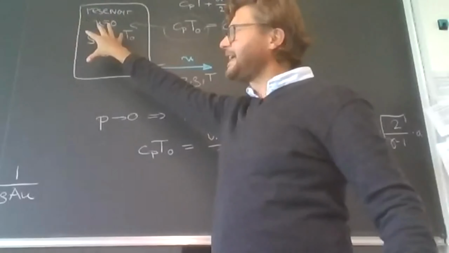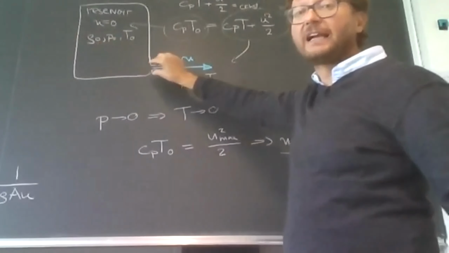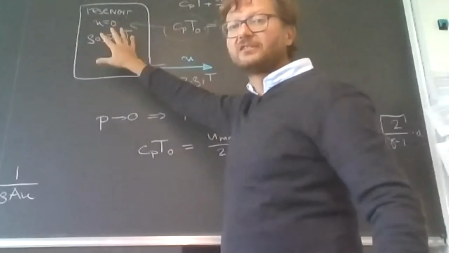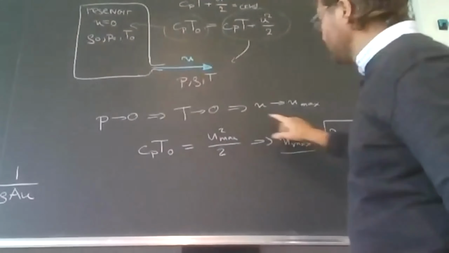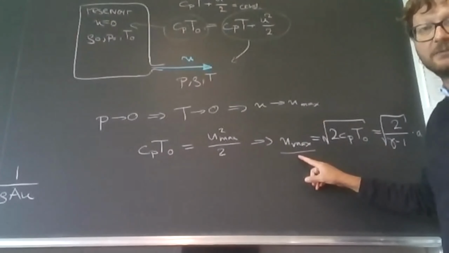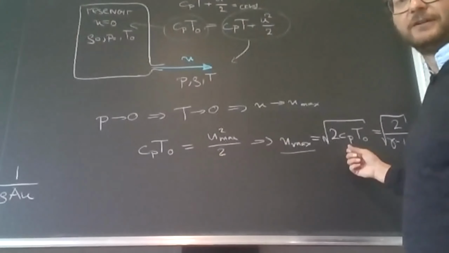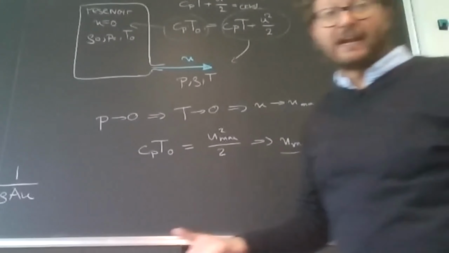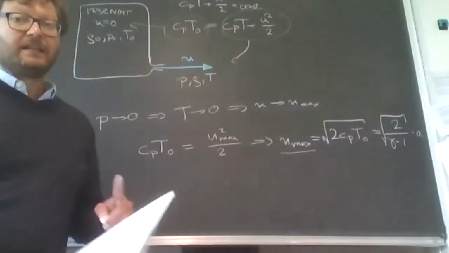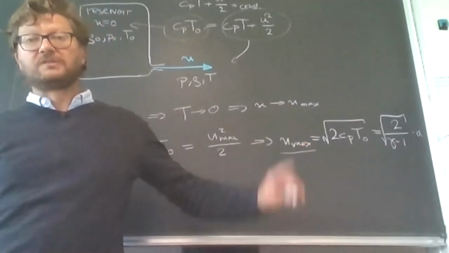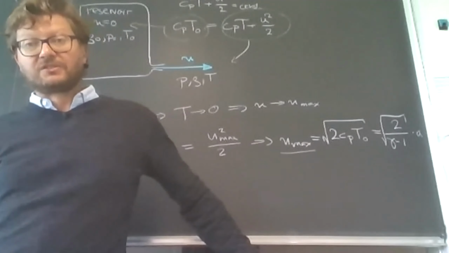It will take all the energy and use it for accelerating the fluid. But this energy is just sufficient to accelerate it up to this maximum velocity. If you plug in the values for air, you will see that you can accelerate air only up to 750 meters per second.